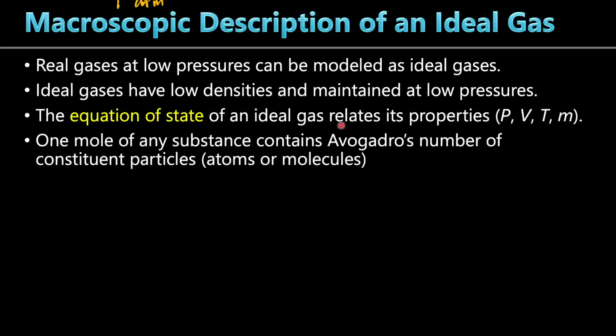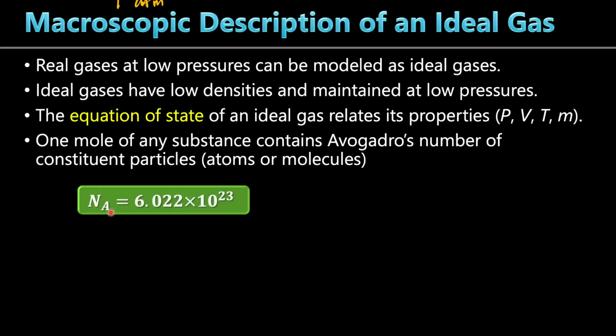So now, if we are saying that 1 mole of any substance contains Avogadro's number of particles, then how much is Avogadro's number? Okay, if you are already familiar with this, then Avogadro's number is equal to 6.022 times 10 raised to 23. 1 mole of substance always consists of this amount of atoms or molecules.